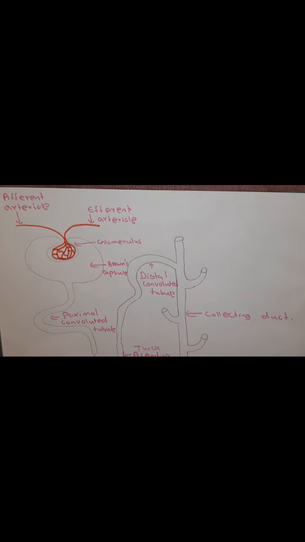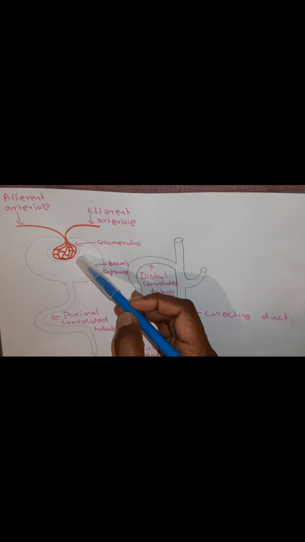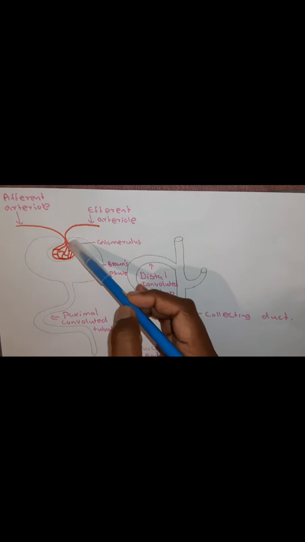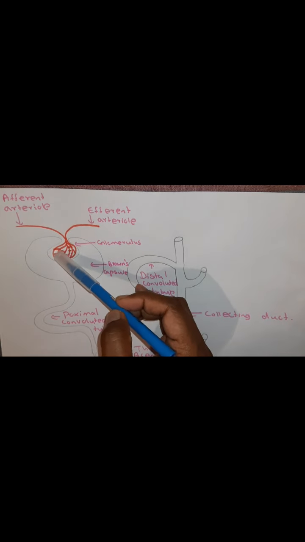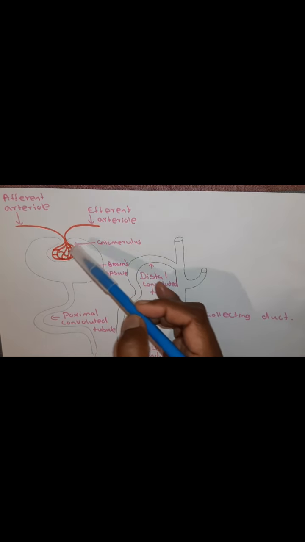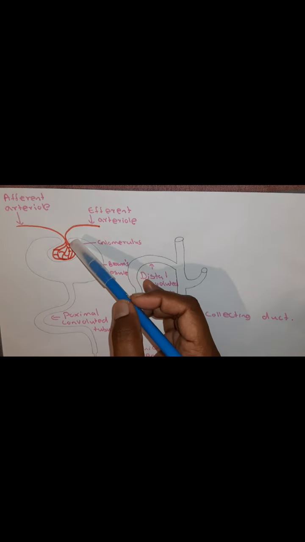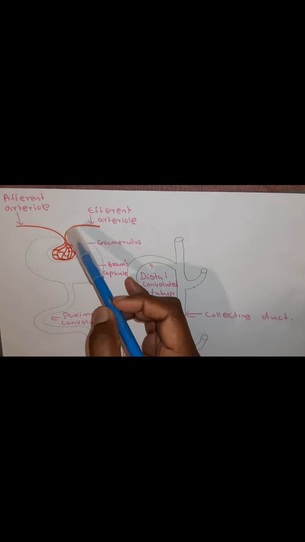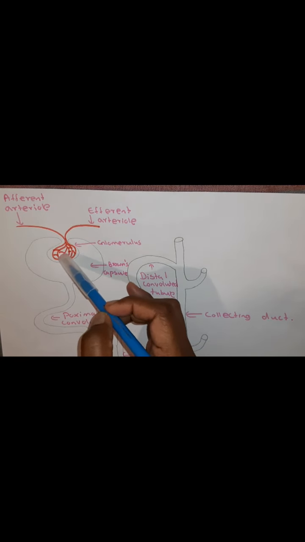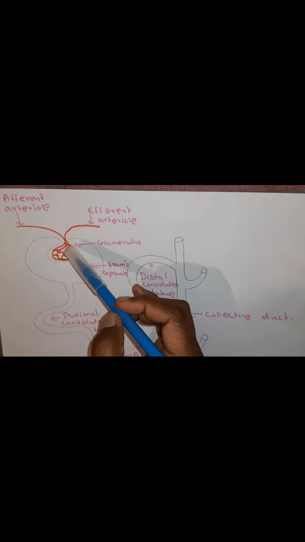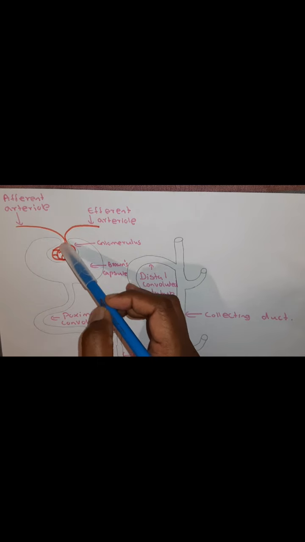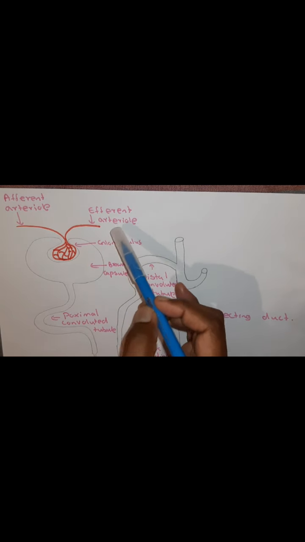Let's move on to the nephron's activity. Here in the glomerulus, there is a certain kind of pressure created by the capillaries, where the afferent arteriole comes with the plasma and the efferent arteriole goes away from the glomerulus.